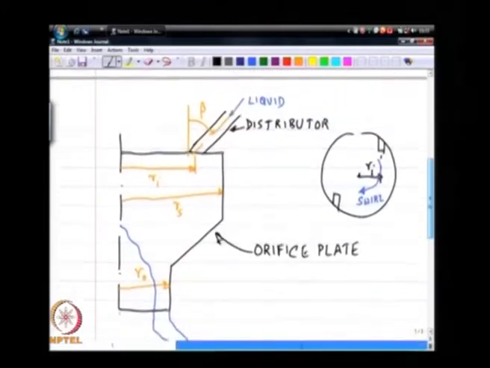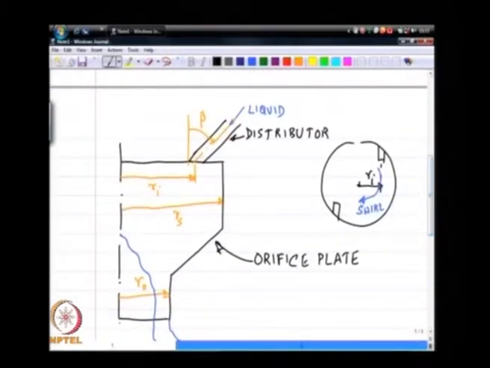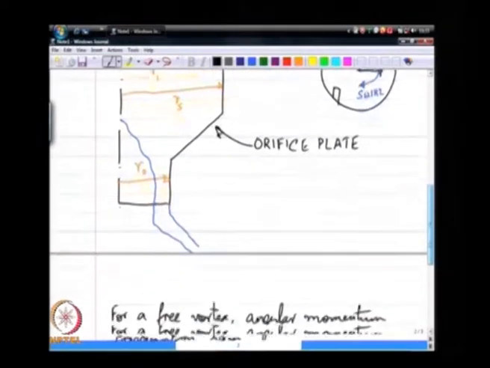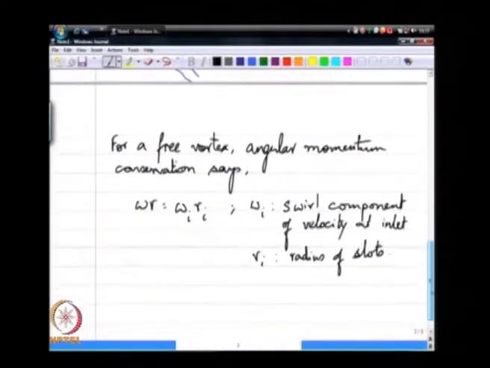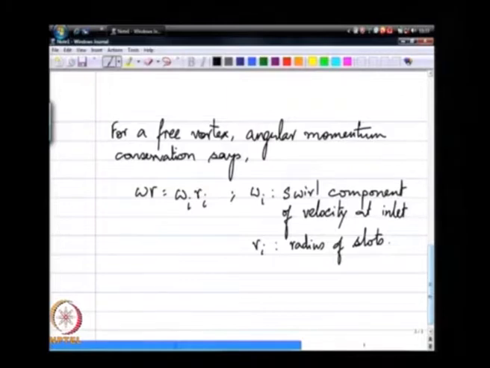I could have, like I have shown in this picture, 2 slots, but I could have multiple slots. So, at any r location I have W I.